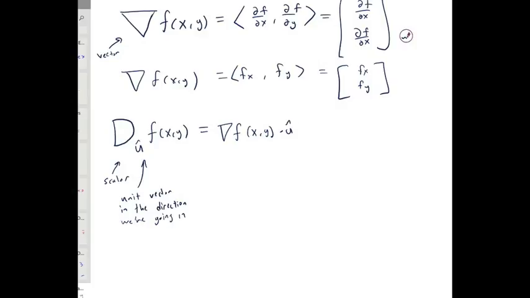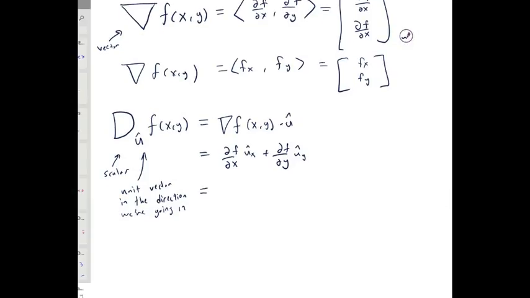So you can write this as df dx times the x component of this plus df dy times the y component of this.